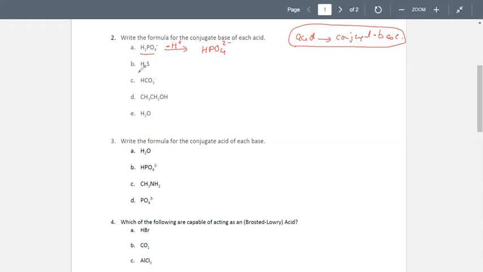So let's look at this one. What do you think it's going to be? Yes, it will be H and negative, just 1. Okay, and then this one, in this case, the only hydrogen it can donate is this one. These hydrogens, they cannot donate.